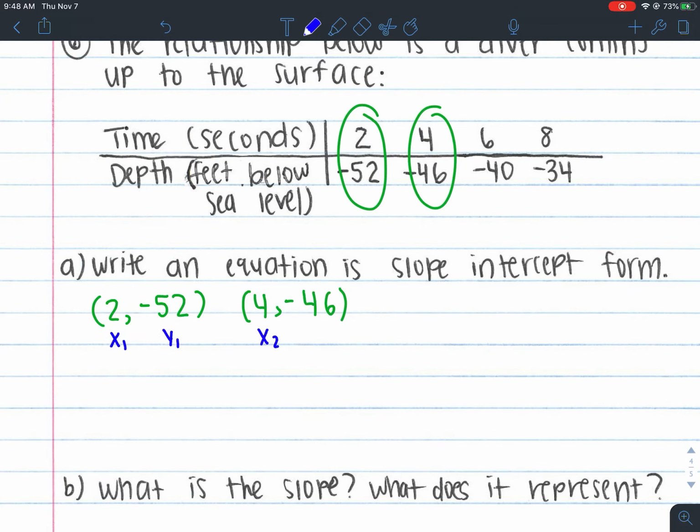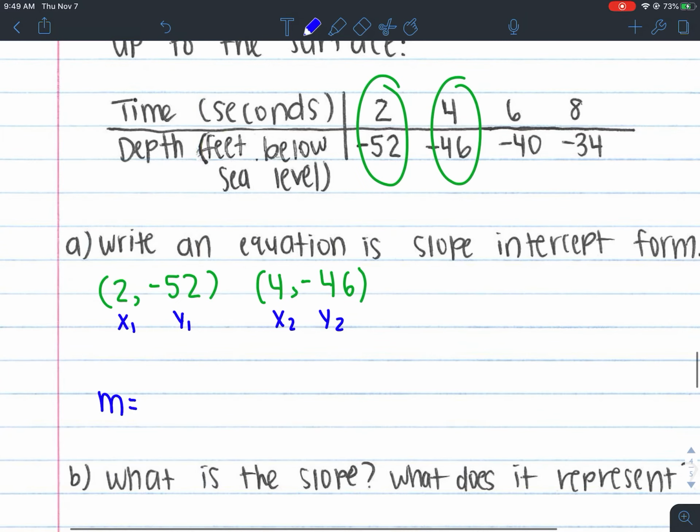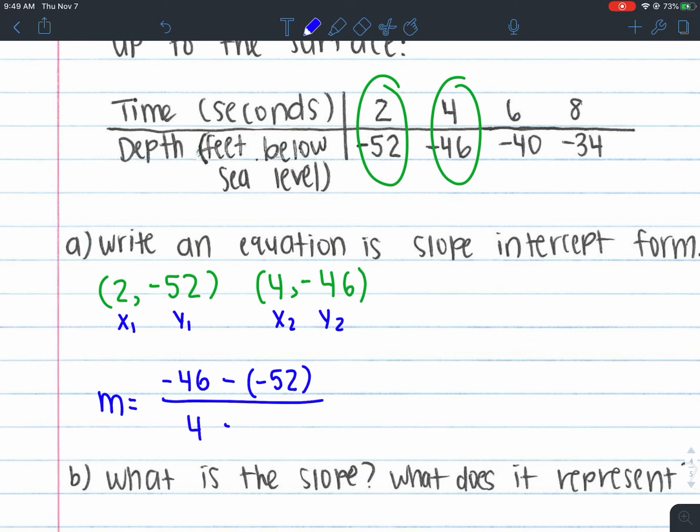With x1, y1, x2, y2, my slope is negative 46 minus negative 52, remember that minus sign in the middle is always from the formula, over 4 minus 2. The numerator equals 6 and the denominator equals 2, which means my slope is 3.